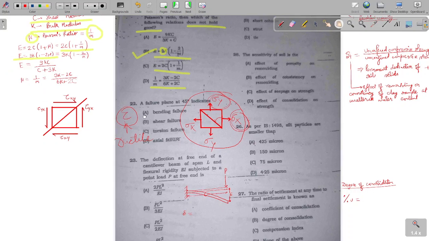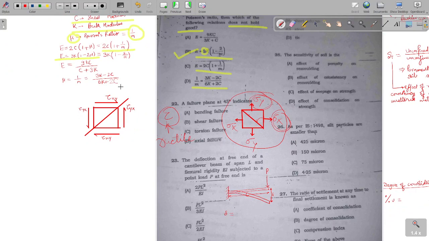Then comes our brittle material. When it is acted upon by pure shear, there is no normal stress in this one. So when the brittle material is acted upon by pure shear, then there is a diagonal plane where the tensile stresses are acting. So it is this plane from where the brittle materials will fail, because the brittle materials are weak in tension.